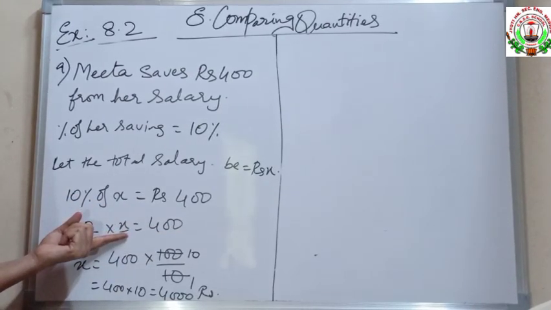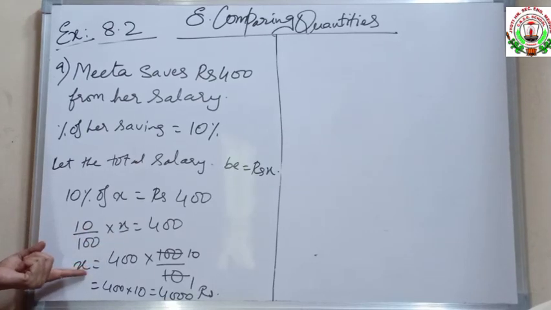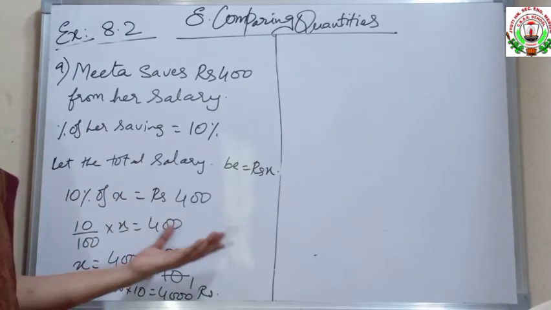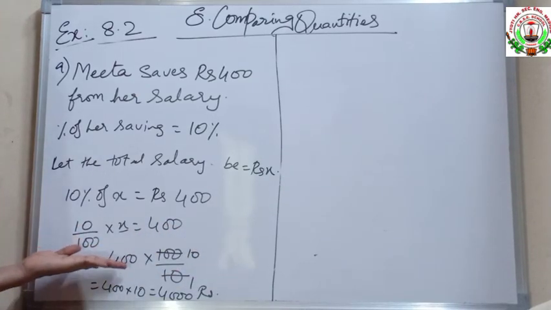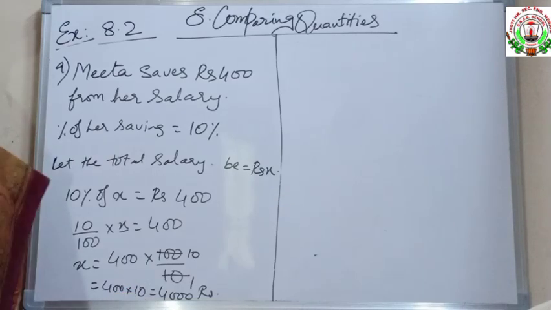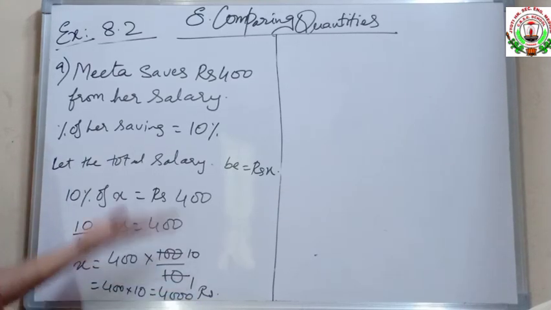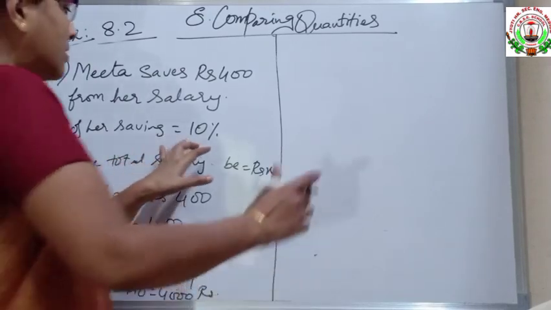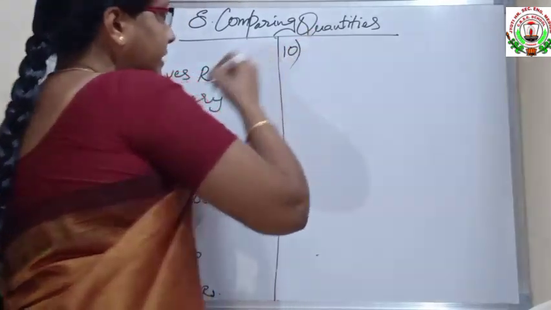I have to find this X. So I have left this X on the left hand side only, and I have taken this 10 by 100 to the right hand side. So it becomes its reciprocal. So 400 into 100 by 10, I have calculated it, and I got the total salary as 4,000. So Mita's total salary is 4,000 rupees. So this is your 9th one. Next is the 10th one.